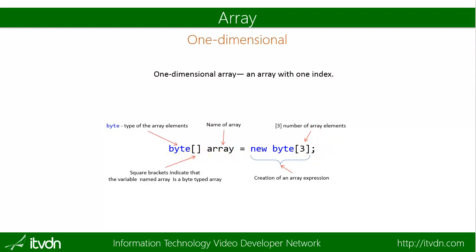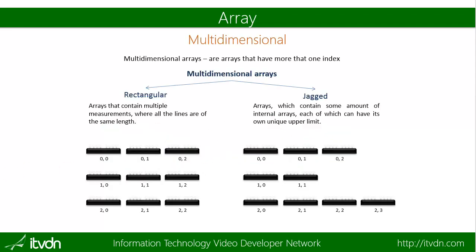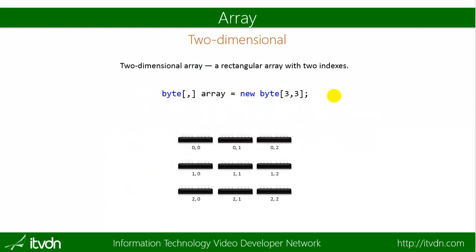Well, in our array construction, we still have the same construction, meaning we write the type of our elements, then in this pair of square brackets we have a comma. This shows that we have one dimension here and one dimension here, 2 dimensions.